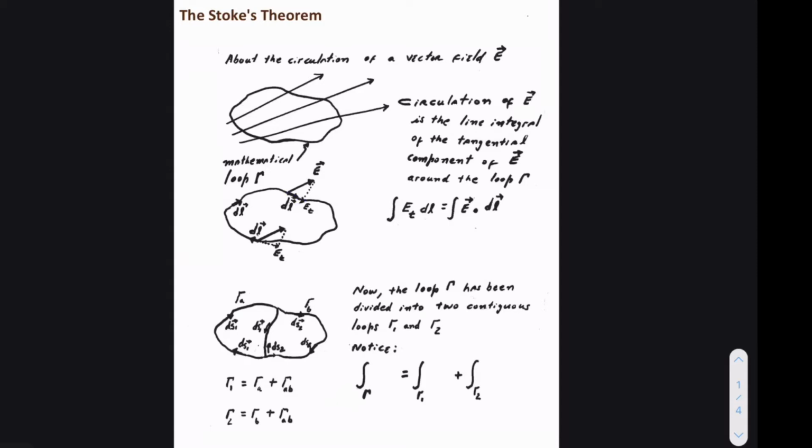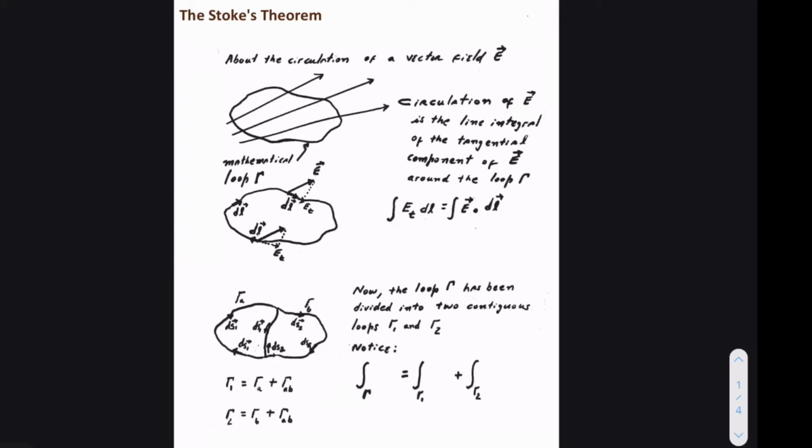And if we take the line integral of this E_T around this whole loop, it will be called the circulation of vector field E around this loop. We can actually rewrite this thing as a line integral of the dot product of vector field E.